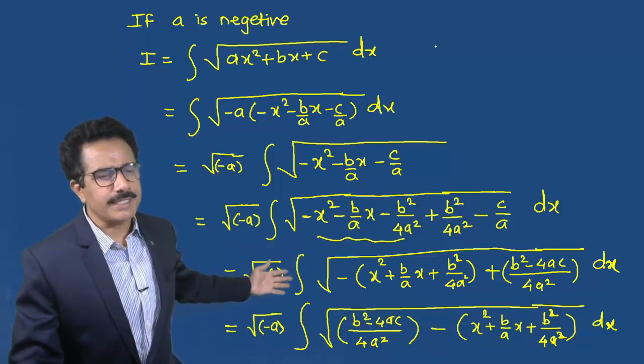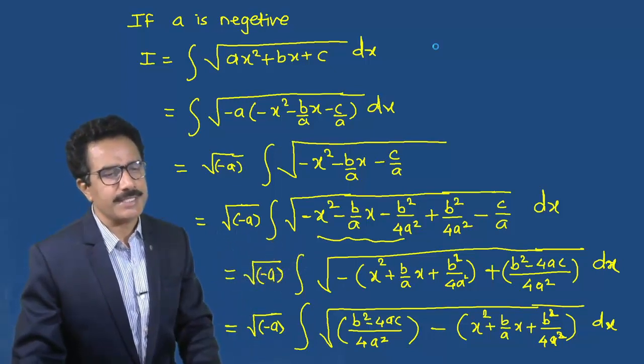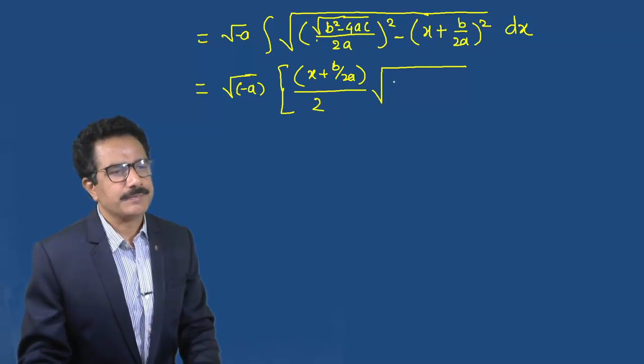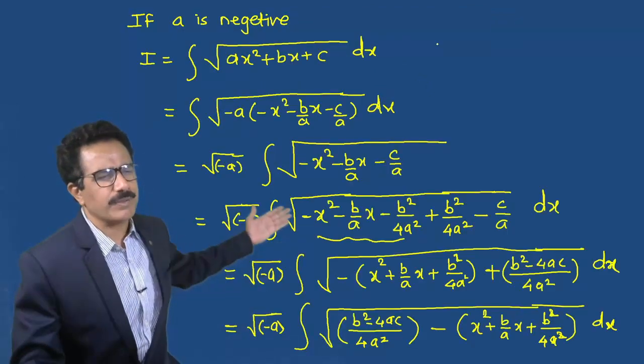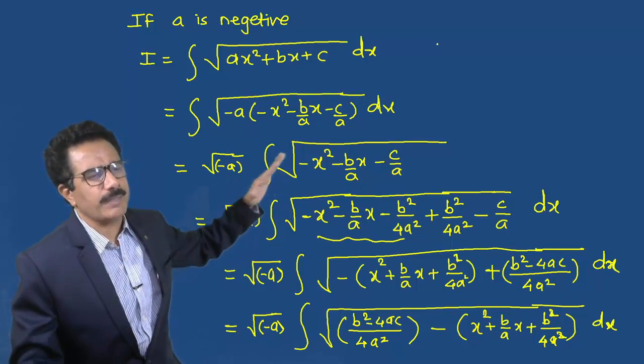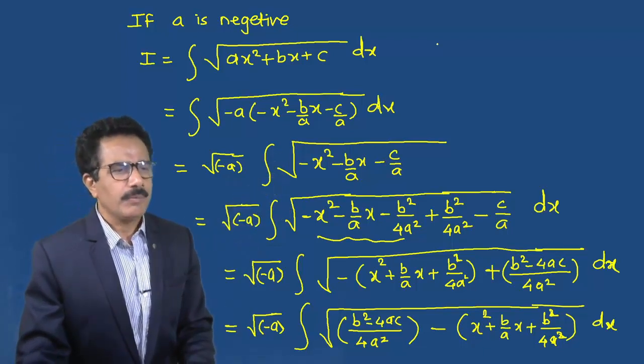So we can write this as c by a minus, or we can write this as x square minus a square. You can put this also as a into x square minus a square. There is no problem.